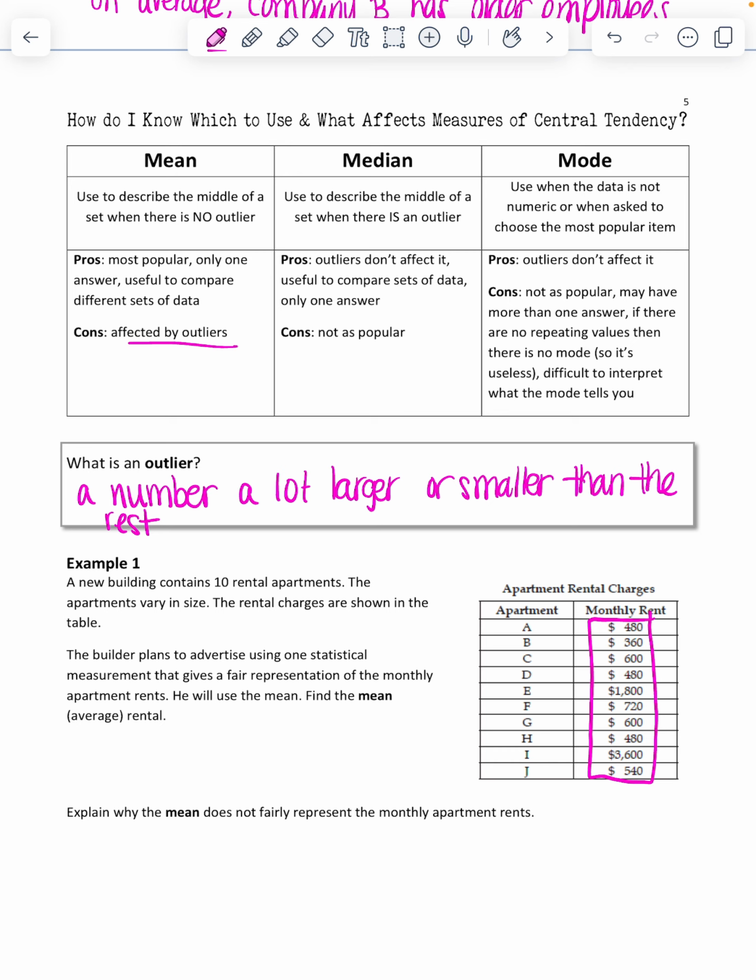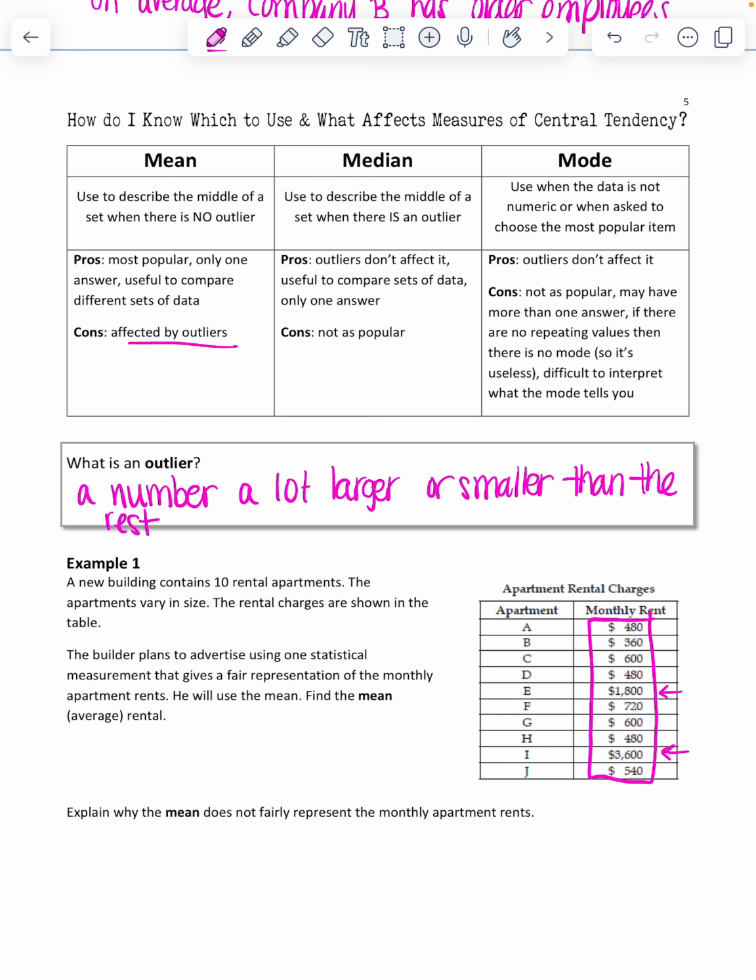This question, which I'm not going to take the time to really do because it's pretty simple, the mean is going to be higher than what a lot of the apartments are being rented for. And that's because we have a couple of significant outliers, like this apartment, $3,600 a month, this apartment, $1,800 a month. Both of these numbers pull up the monthly rent.